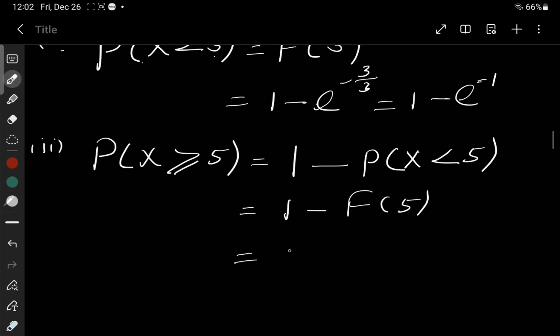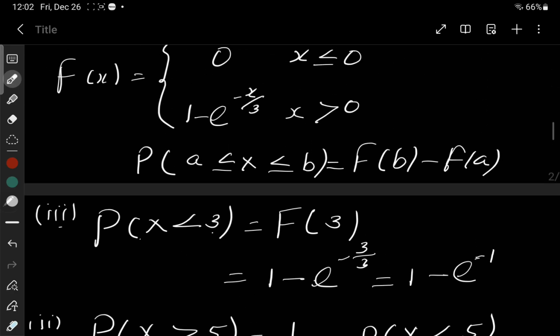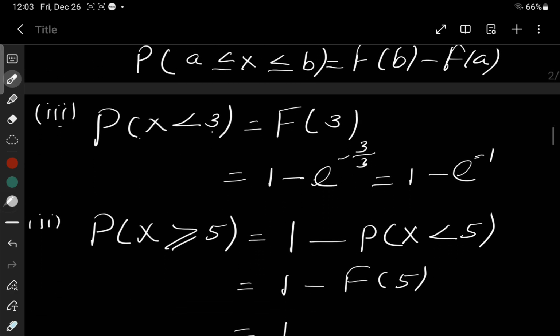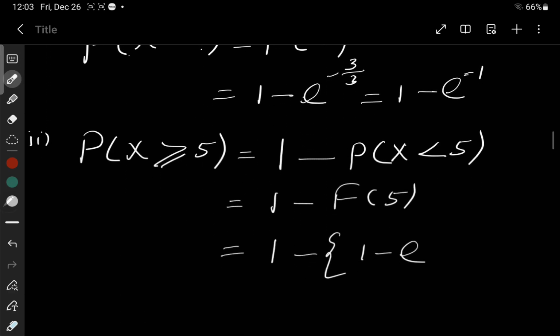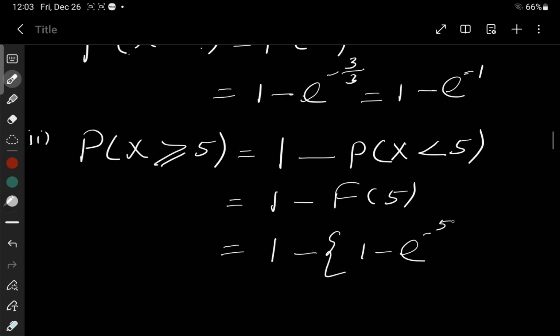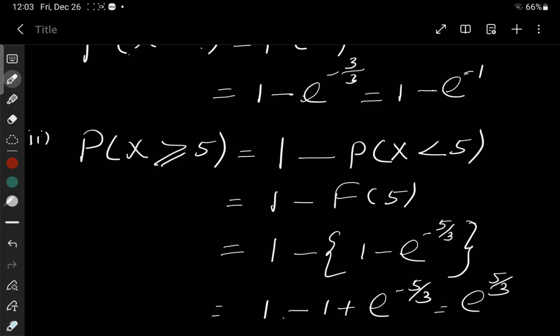Again you replace x with 5: 1 minus, 1 minus e power minus x by 3, so e power minus 5 by 3. Remove the bracket: 1 minus 1 plus e power minus 5 by 3. This is equal to e power minus 5 by 3.